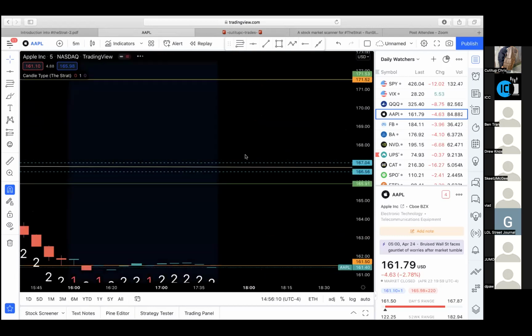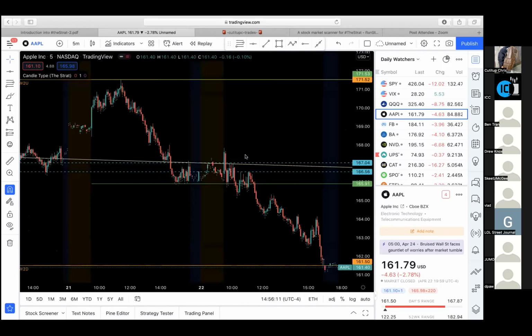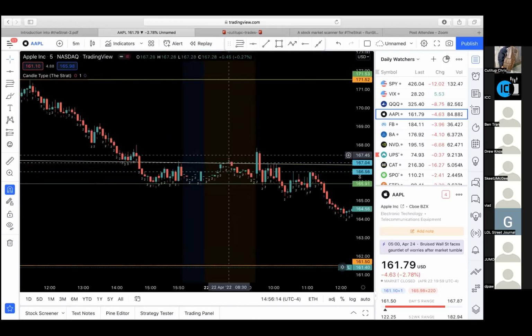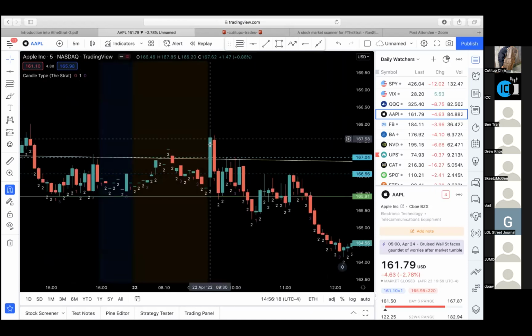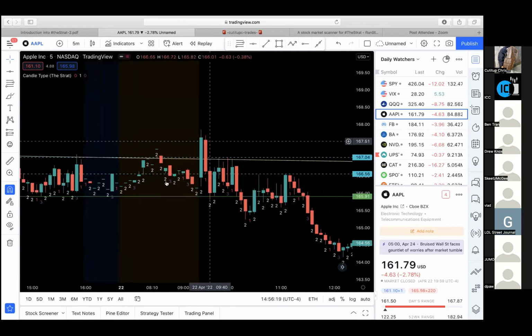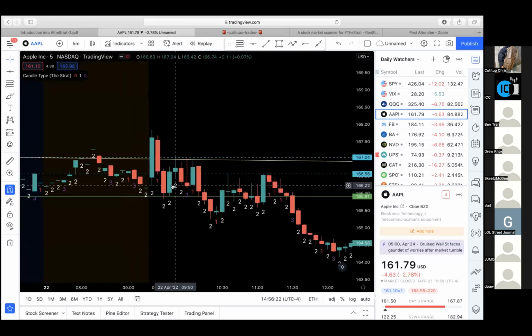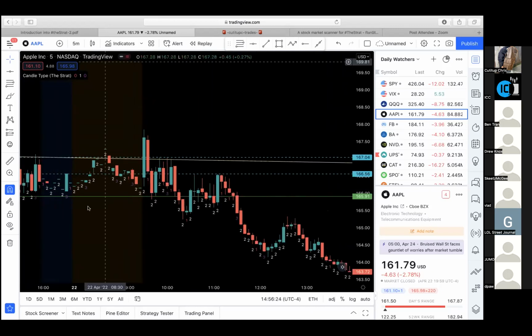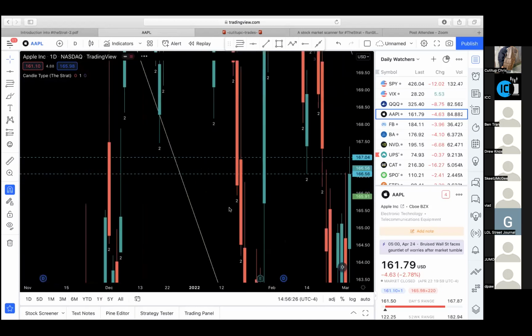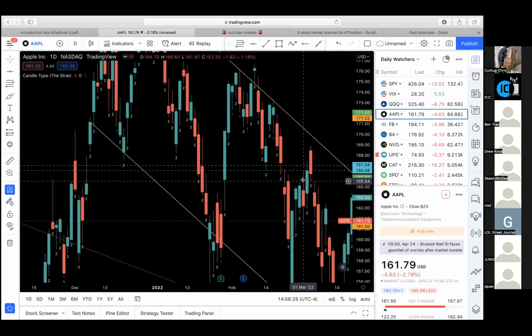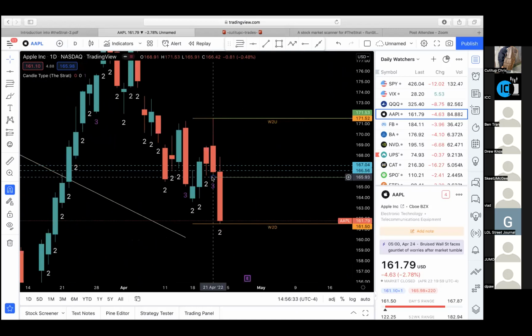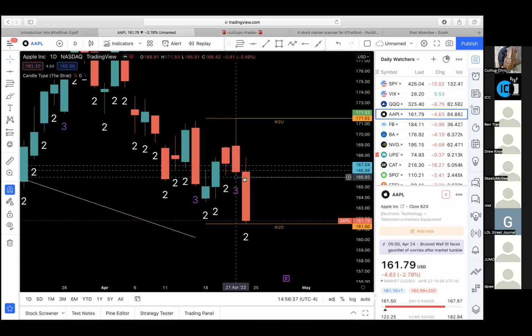Even so, on the 5-minute chart, right here, it is showing us that we busted in the morning, but then we get an actionable signal to the downside, and eventually we ended up triggering the 2 down, and that's when it gives us our direction.